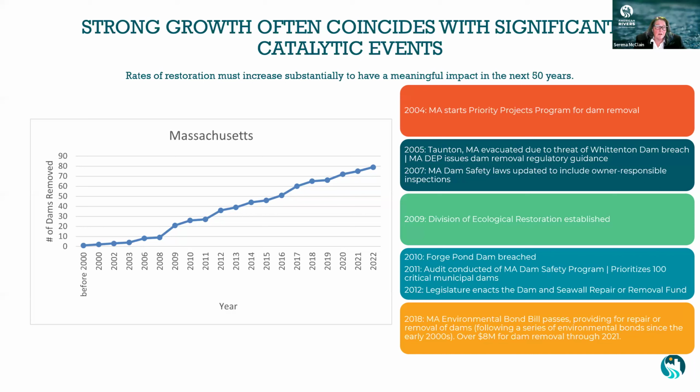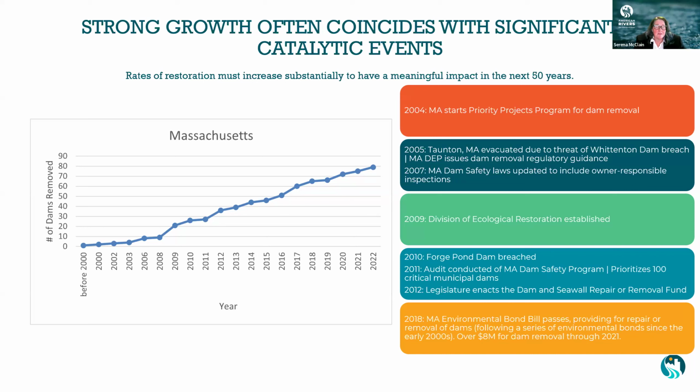In the same year, the town of Taunton, Massachusetts was evacuated due to the threat of the Whittenton Dam breach, which again, is important in terms of thinking about a triggering action that shifted thinking or led to other actions.